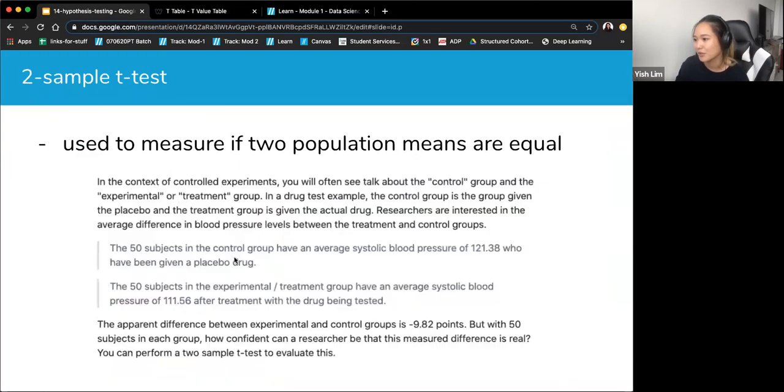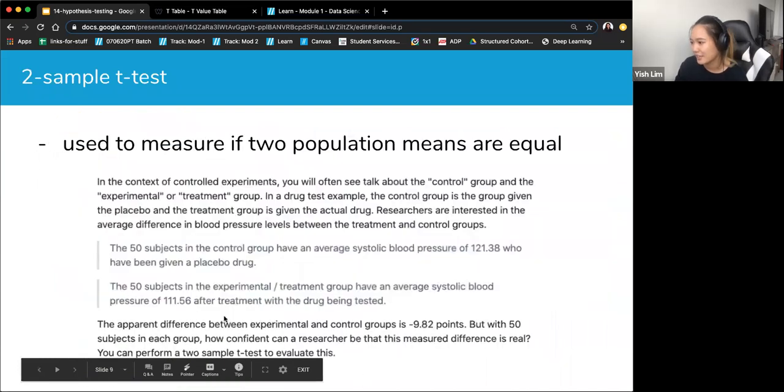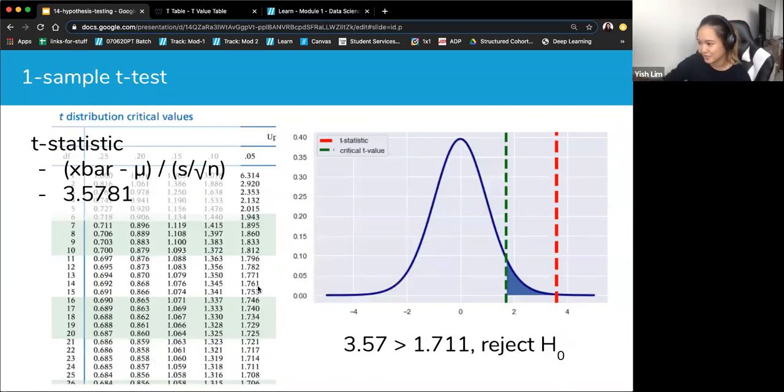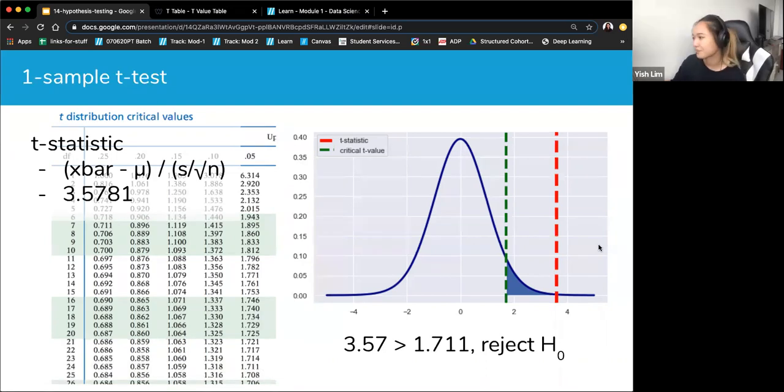So it's 1.711, which is similar to here. This graph shows us the t curve, the t distribution. This green line is our critical t-value, about 1.711.